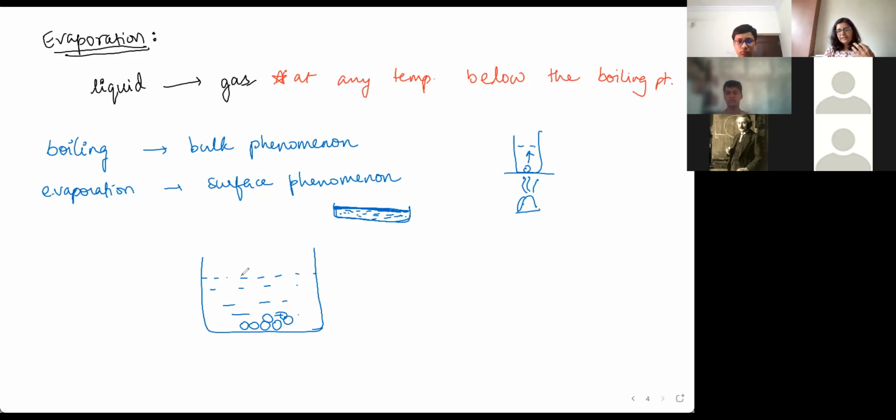Evaporation बस surface पे ही क्यों होगा and क्या हो रहा है surface पे which is not happening नीचे. So let's focus on two layers of these water molecules, water particles. एक है surface पे and let's consider any other particle that's नीचे.